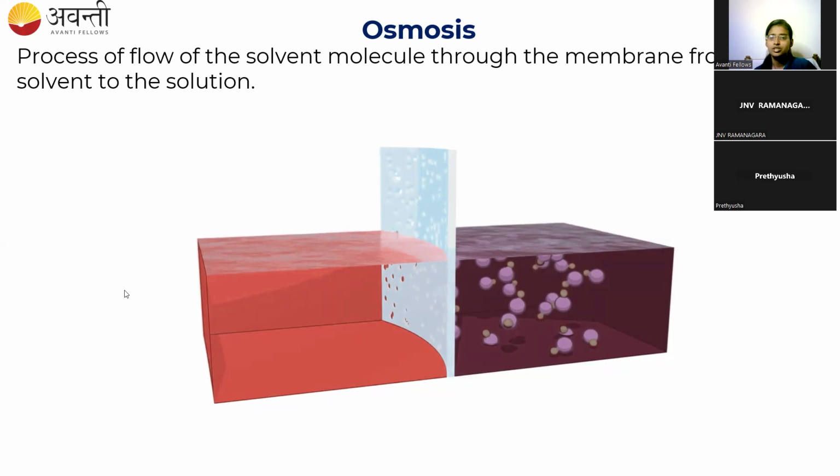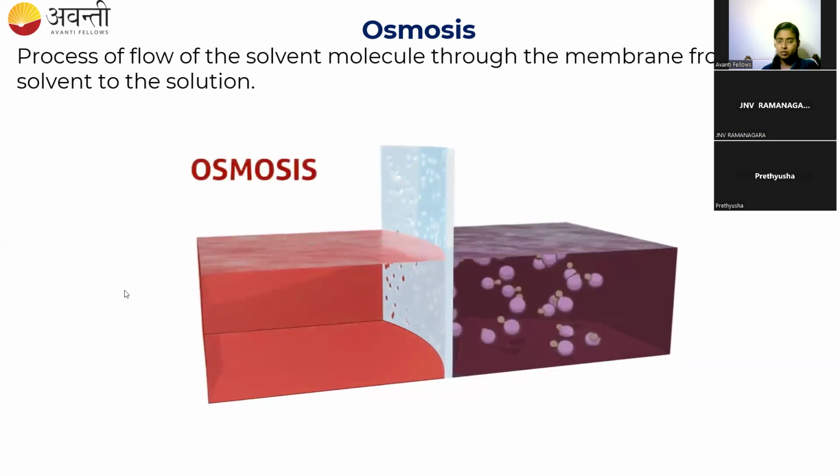No issues. I have just entered into the fourth type of colligative property, which is osmotic pressure. Now I'm discussing osmosis. Osmosis is the flow of solvent through the membrane from pure solvent. Here you can see two tubes.